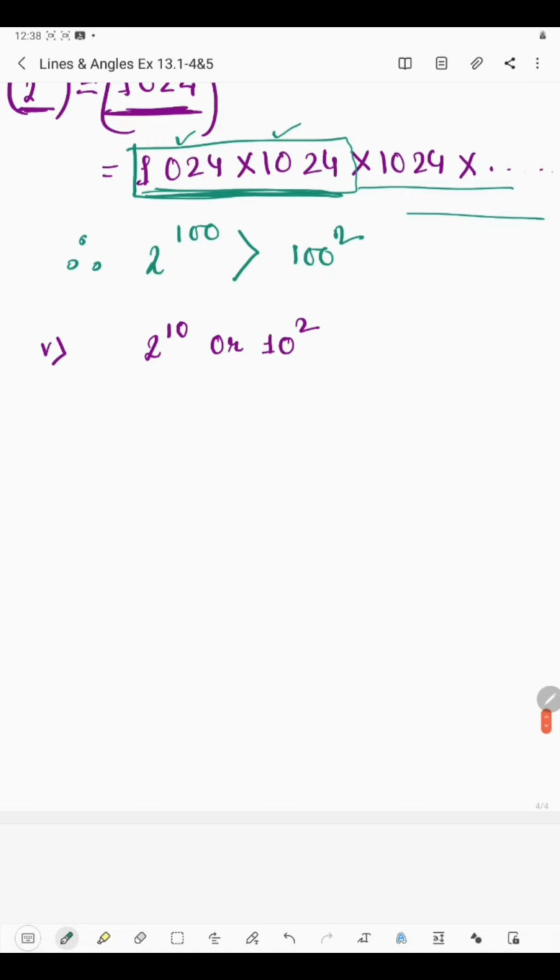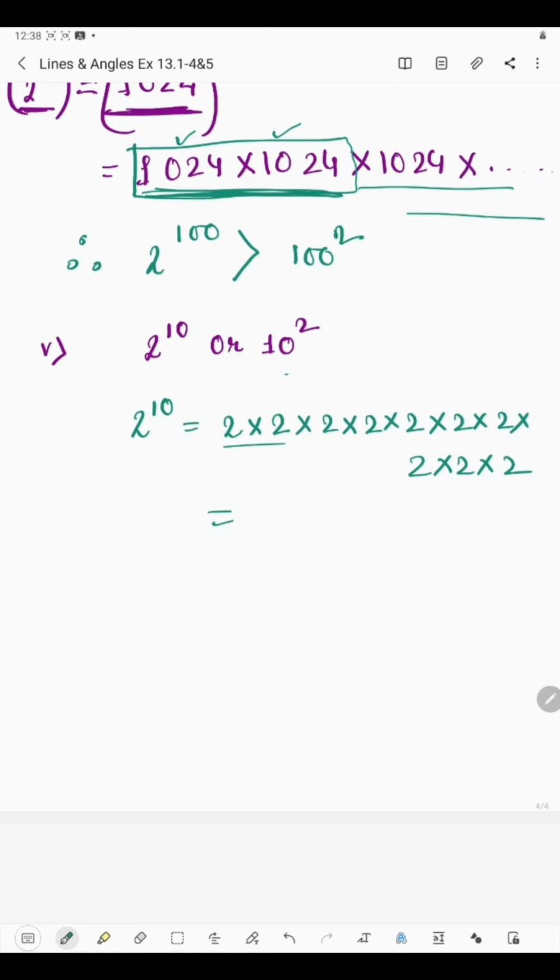Now in the last part we have 2 raised to the power 10 and 10 raised to the power 2. So 2 raised to the power 10 means, since the power is 10, we will write the base 10 times. So 1, 2, 3, 4, 5, 6, 7, 8, 9, 10.